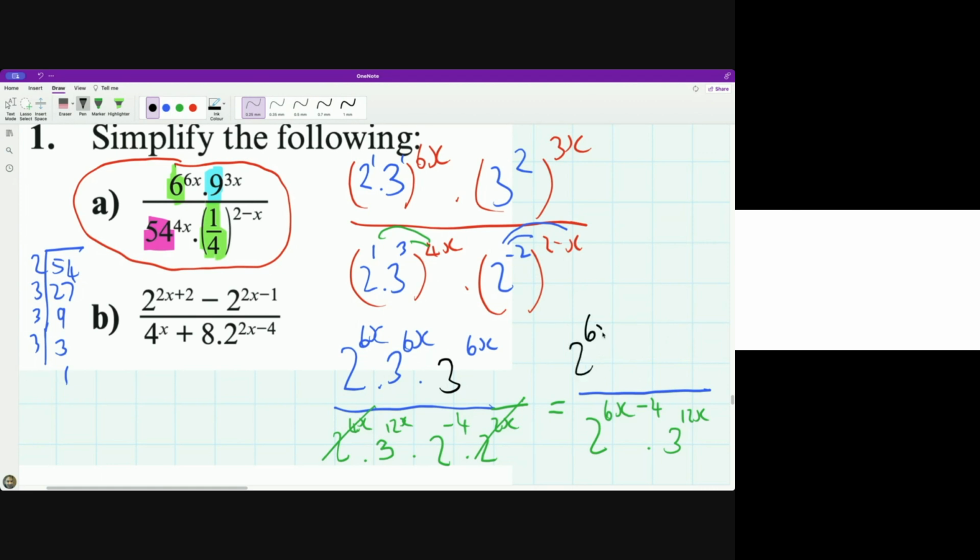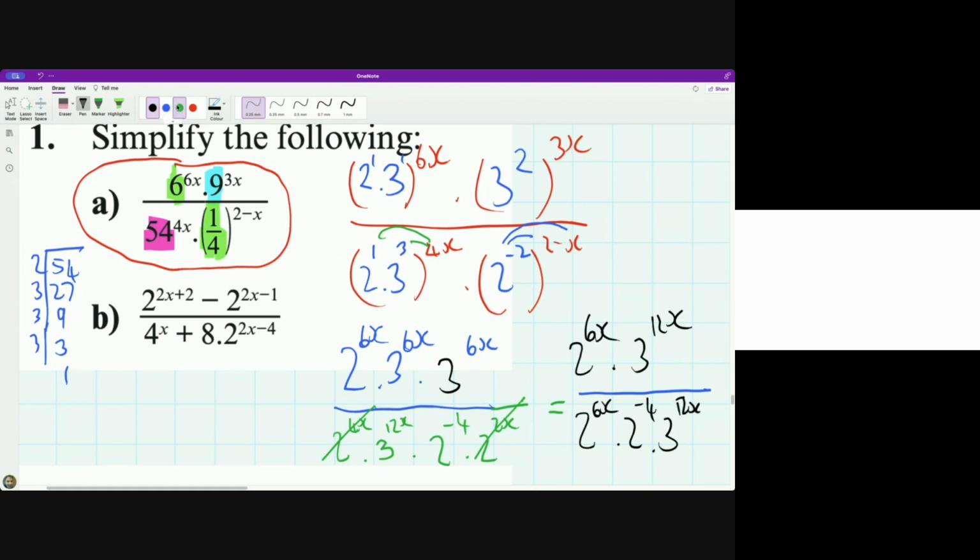Then I should get 3 to the 12x. Thanks, Akwande. And then what I'm going to get on the bottom is 2 to the 6x. I'm going to leave that like that.